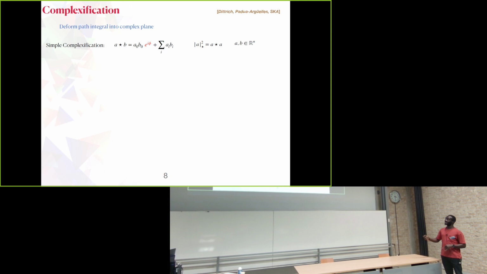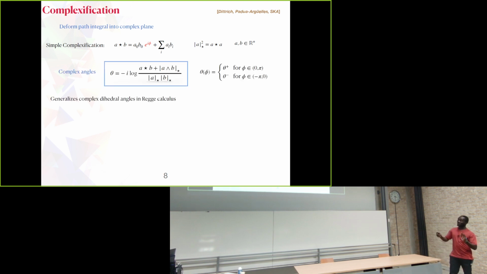If I define it this way, there's this exponential i phi term, which you can think of as some Wick rotation angle. Using this definition, in the Regge picture, I complexify all my edge lengths in the same way. So there's just 1 degree of freedom which characterizes this complexification.